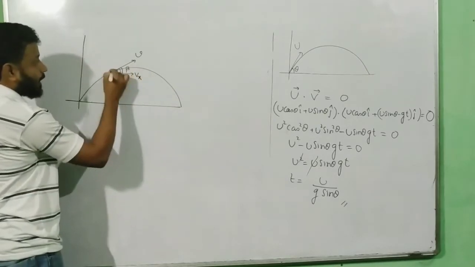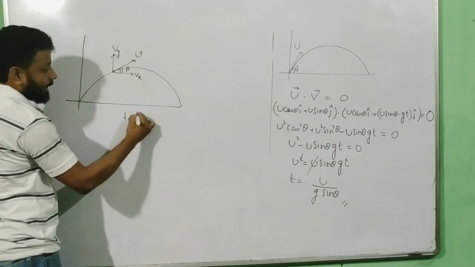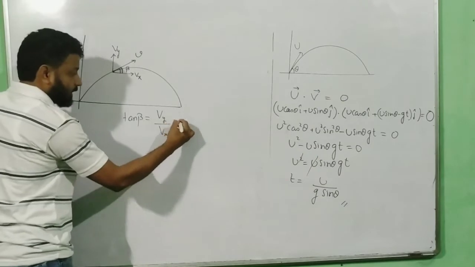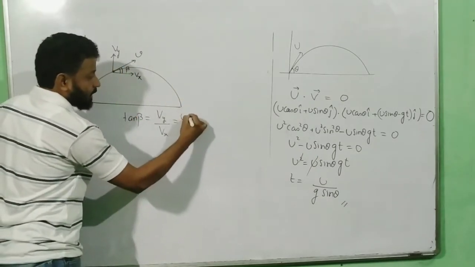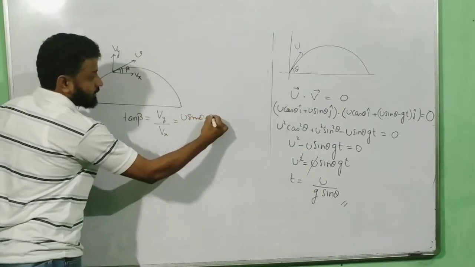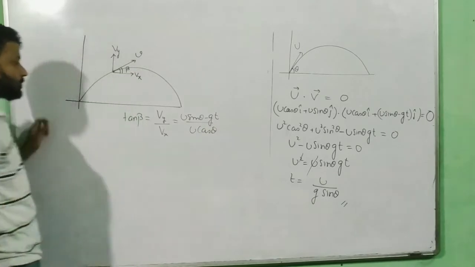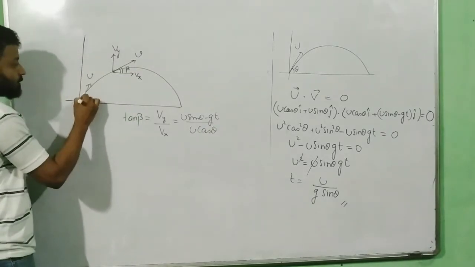To do that, rely on the formula for tan beta, which is perpendicular by base. You have to read the question carefully. Vy you can write as u sin theta minus gt, divided by u cos theta, where u is the initial velocity, which makes an angle of theta.